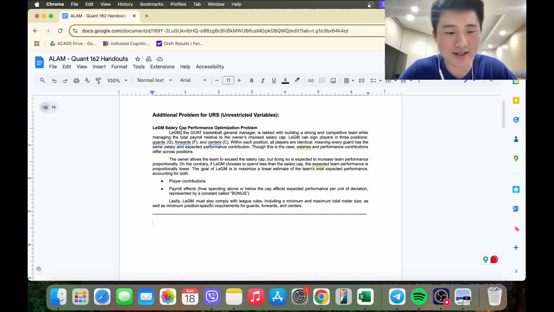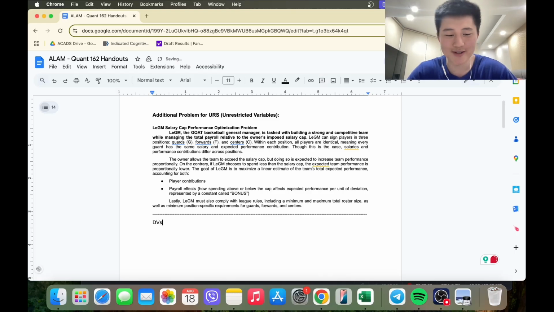Let's start. Usually what I do is I already set it up: decision variables, constants, objective function, and then constraints.